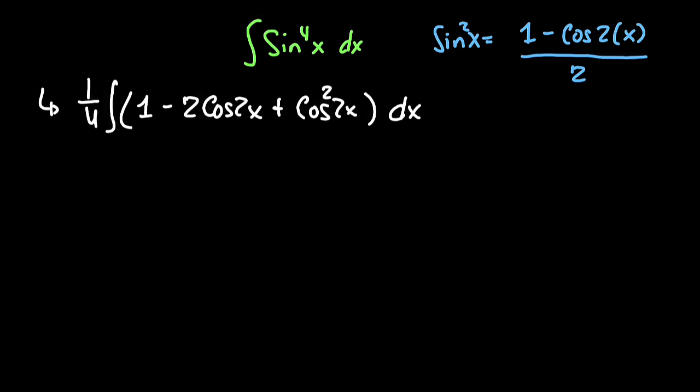And now, you can actually see here, we have an expression of 1 minus 2 cosine of 2x plus cosine squared of 2x.